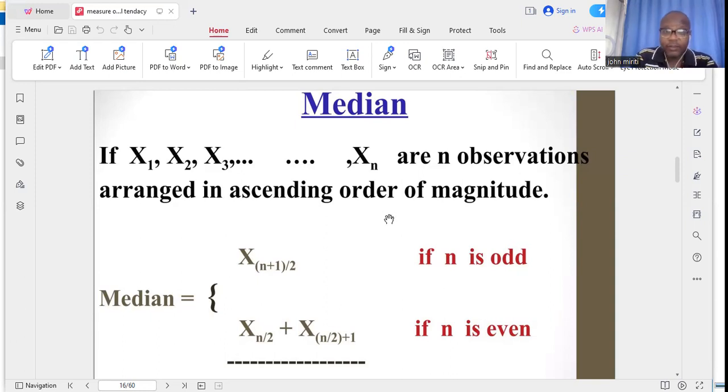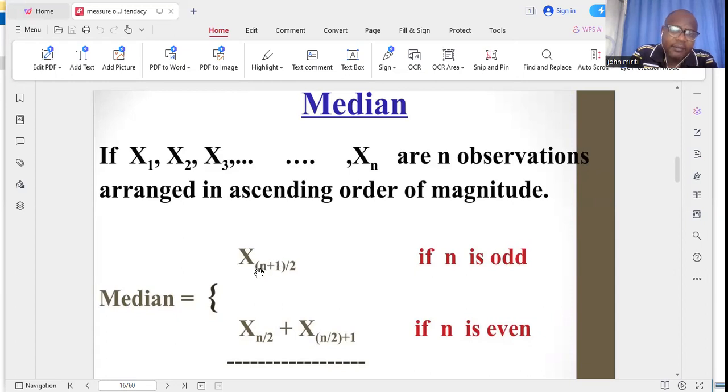That is, total number plus 1, all divided by 2.